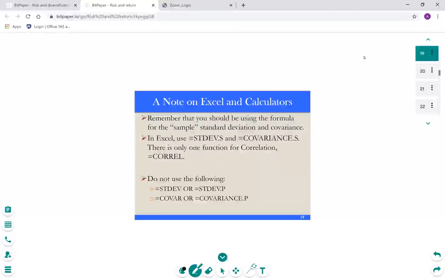If you're doing these calculations in Excel, for standard deviation you want to use stdev.s to calculate the sample standard deviation. If you're looking for the sample variance, that would be var.s as well.